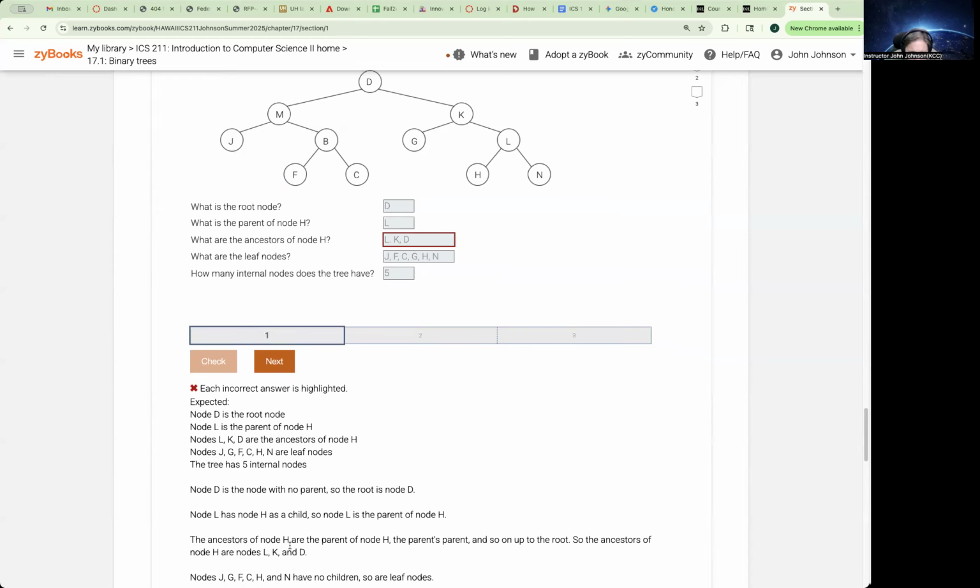Oh, down here, the ancestors of node H are the parents, the parent of node H, the parent's parent, and so on up to the root. So the ancestors of H are L, K, and D, which is exactly what we put in there. So I don't understand why they are not accepting that. It did have commas in there, so yeah, we're correct there.